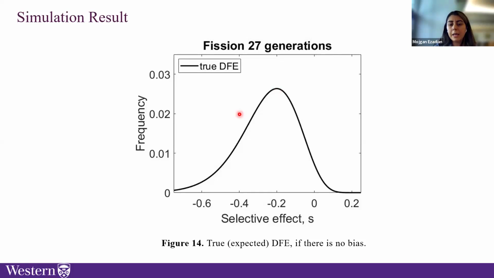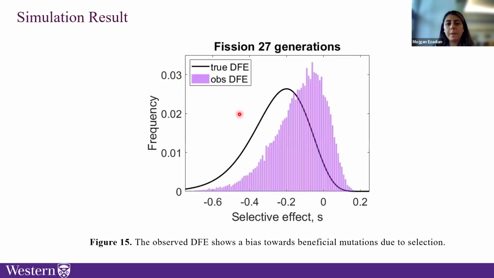So if there is no bias, we expect to have a DFE like this as the true DFE, but when we simulated our data, we observed the DFE like this, which is shifted toward the beneficial mutations due to the selections during the growth between the bottlenecks.